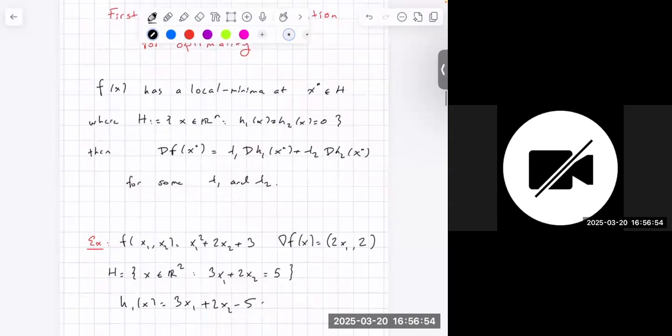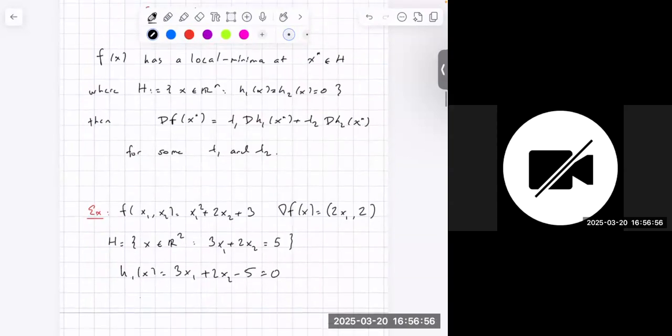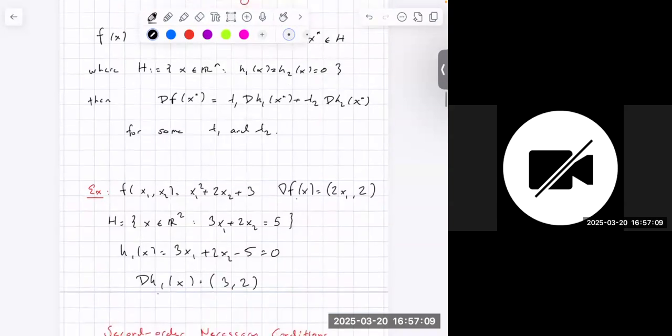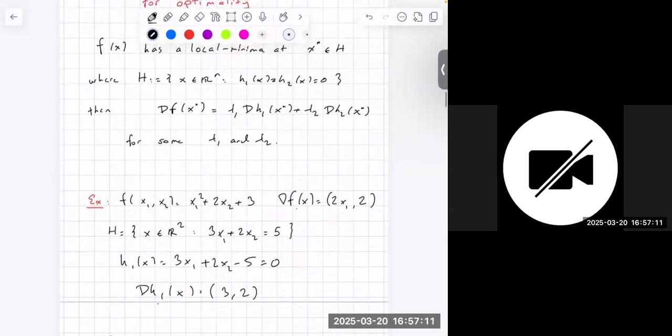This has got to be 0. What's the gradient of this? 3, 2. Right? Now, what do you know? This gradient has to be a multiple of this guy. So now you know the gradient of f, which is (2x1, 2), is some number times (3, 2).